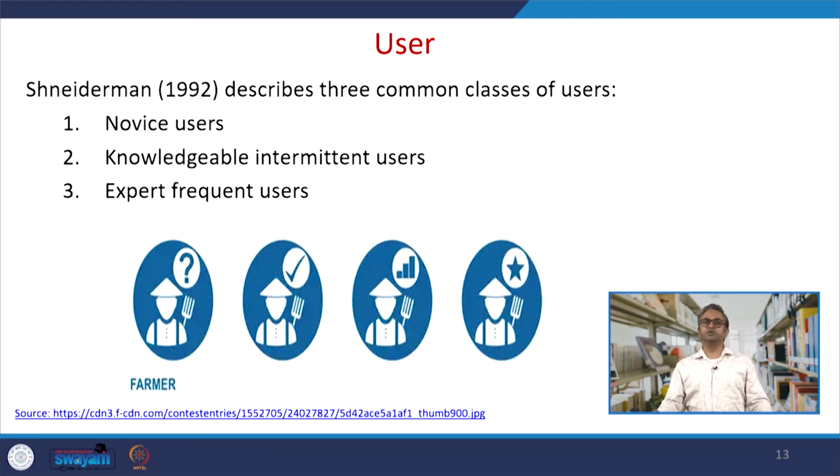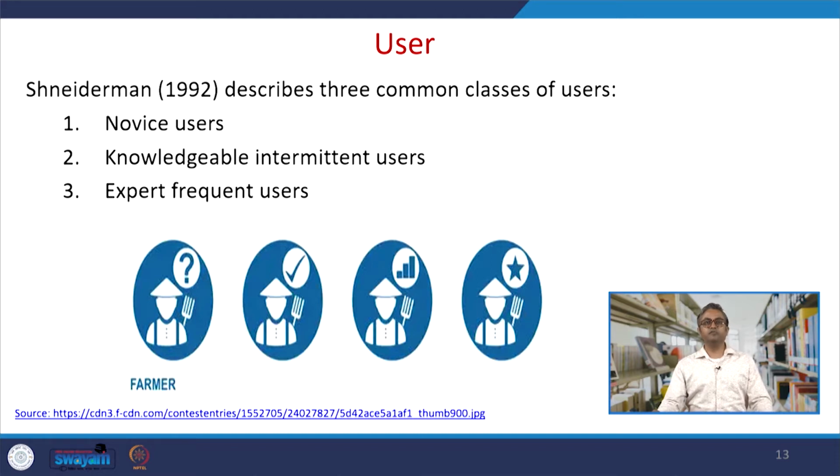Schneiderman in 1992 classified three different types of user. But the question we should be asking ourselves is, why is there a need to understand this classification of users? The reason being, when a human computer interaction is happening, the interface we are talking about, the computer we are talking about, we have to also talk about the humans.